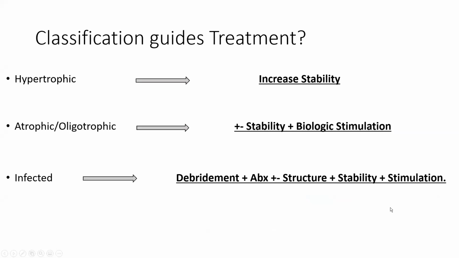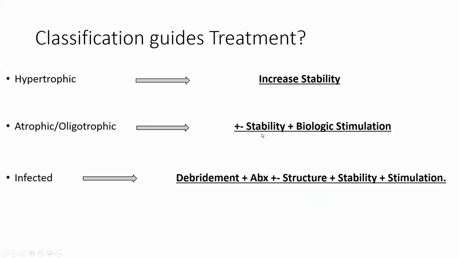So, knowing the classification of sterile fractures, hypertrophic, oligotrophic, or atrophic, how do we guide our treatments based on those types? Hypertrophic, we can increase stability, right? Because hypertrophic happens when there is too much motion. Atrophic or oligotrophic, we can possibly increase stability, and we will know why, especially if it was too rigid.